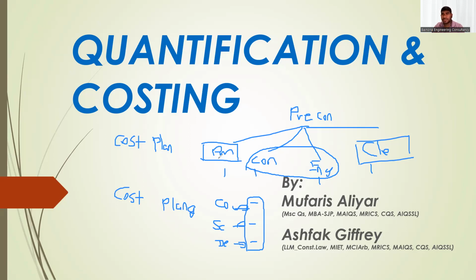As a QS, a normal QS who has a diploma or degree but is not chartered, of course, is not much familiar with this. You should be familiar that there is a subject called procurement and tendering, which we will also see later. Someone who thoroughly knows that subject, who has done the RICS subject, knows how to do this procurement.